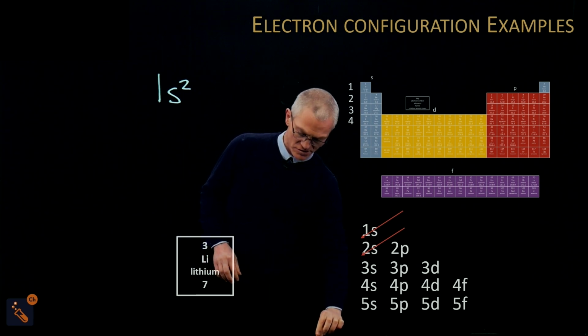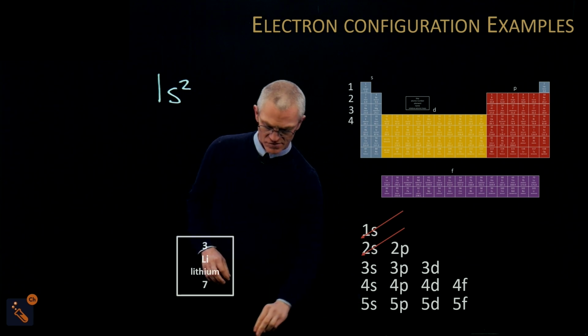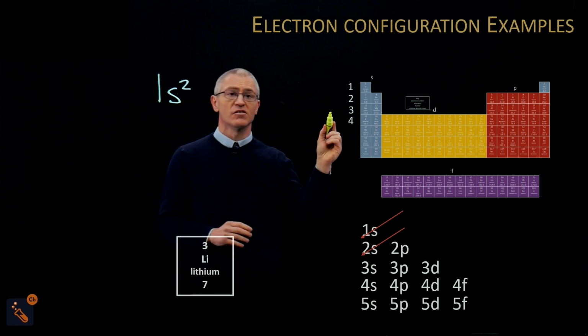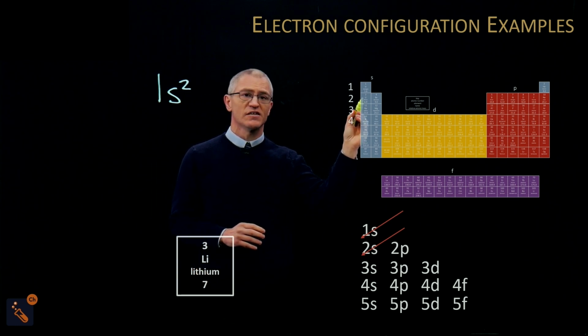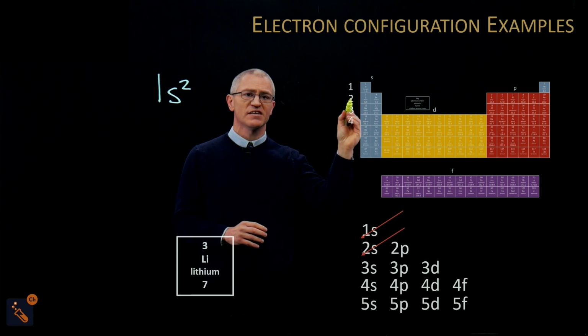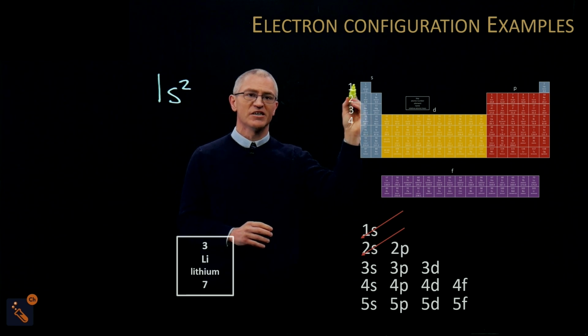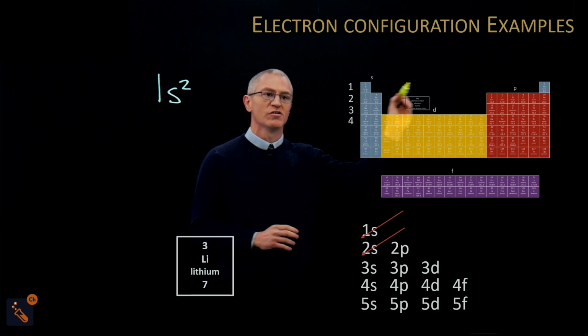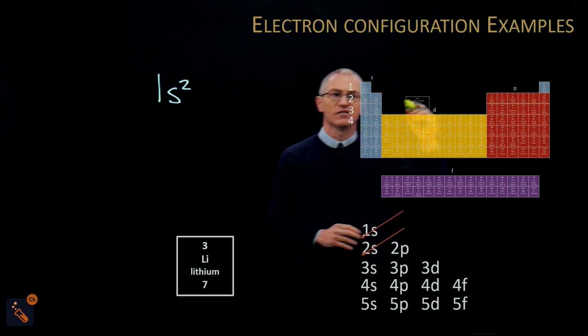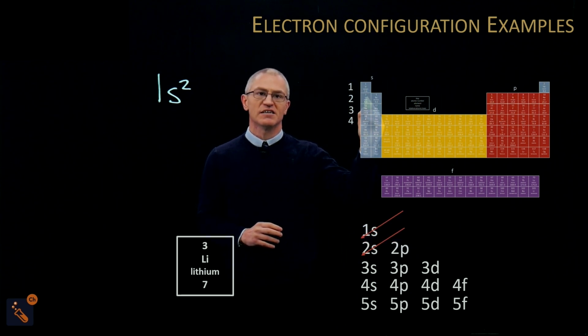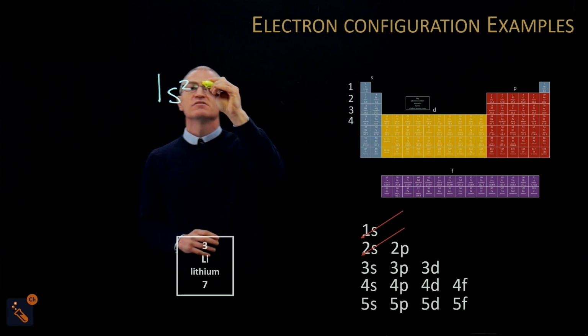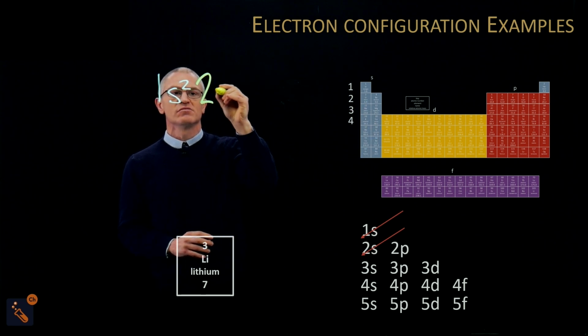Okay, so then at that point, we're going to go, right, okay, the third electron, well, that third electron's here. That's in the second. Remember, each box is 1 electron, so I'm just counting 1, 2, and then 3. Okay, so that's in the second shell. It's in the S subshell, so that would be 2s.